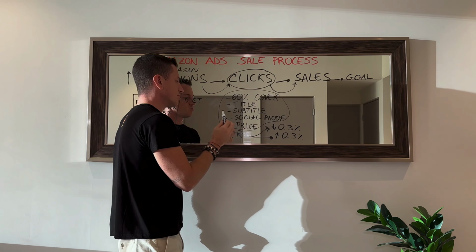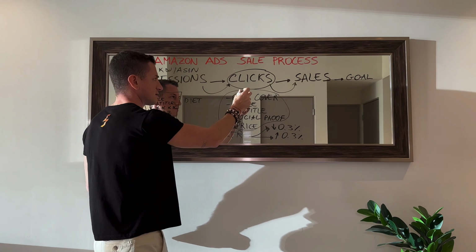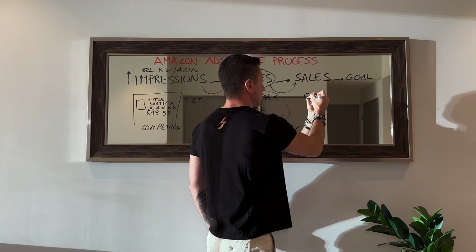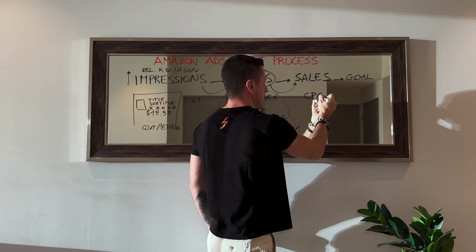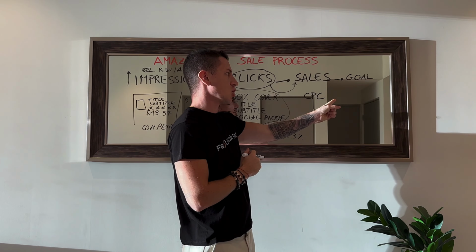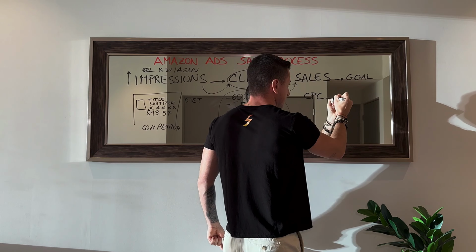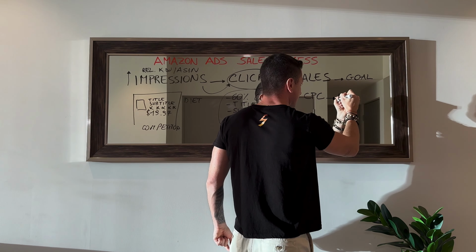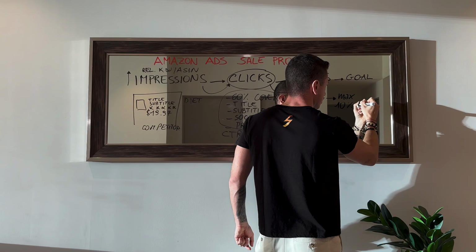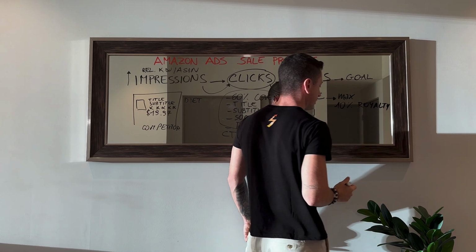Another really important KPI you have to look at in this phase if you want to be profitable is the CPC, your cost per click. This means the average cost per click you have in your campaigns. This must be a maximum of 10% of the royalty of your book.